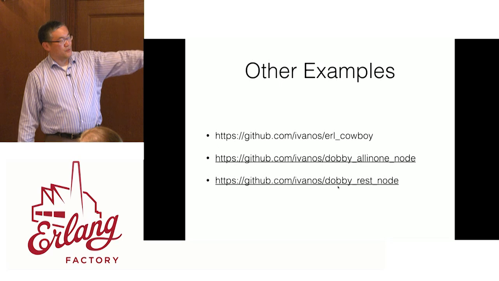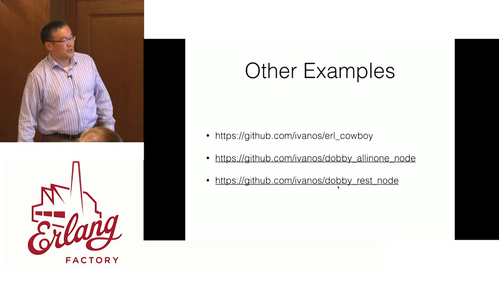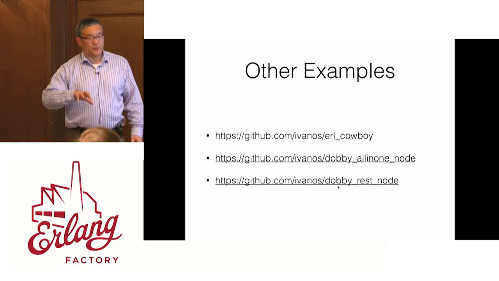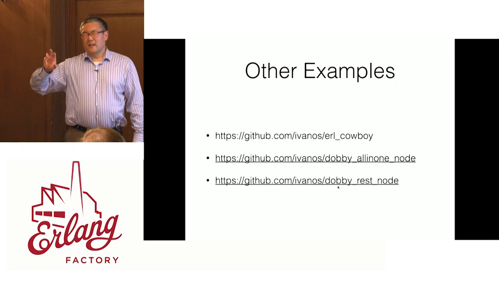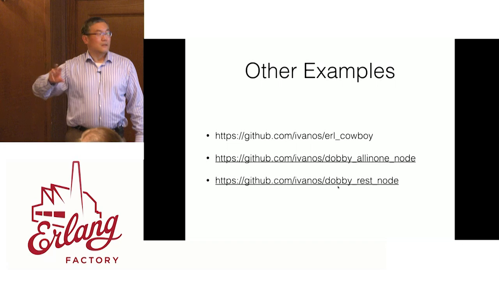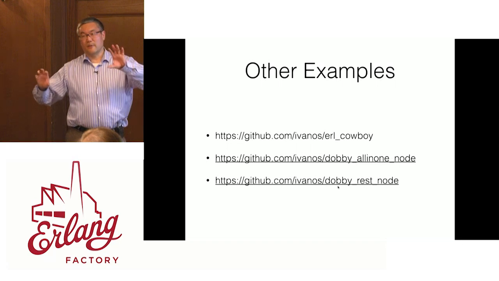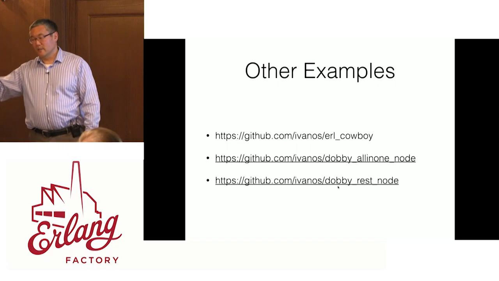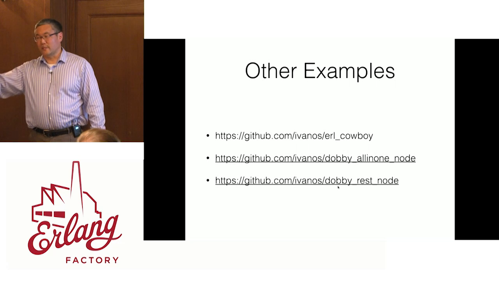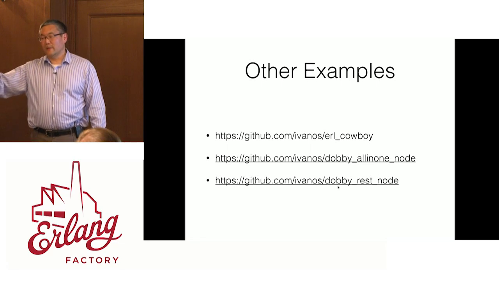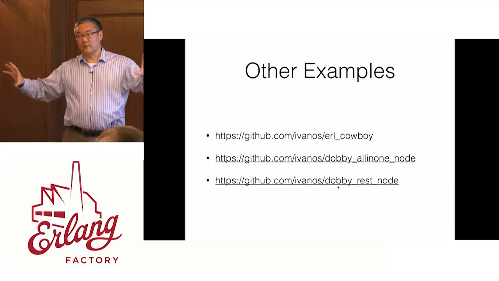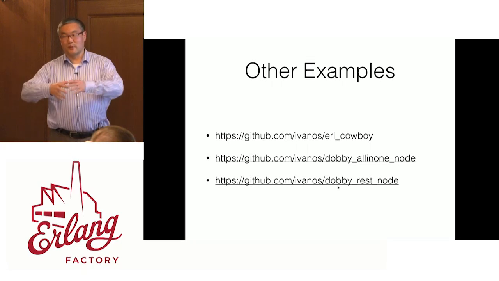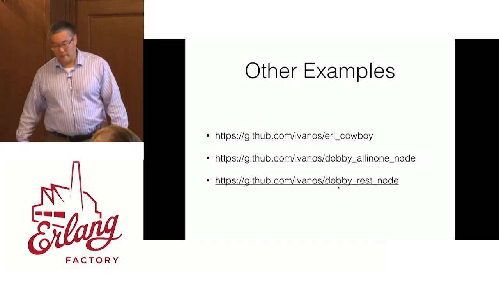The all-in-one node, which you saw, and then there's this REST node that has, I think, just the REST component, the REST API for Dobby, in just that node. So if we want to, we can have the Dobby database engine running separately from its REST interface, right? We can run those on two separate nodes if we want to, or we can run them all together if we're trying to do debugging.